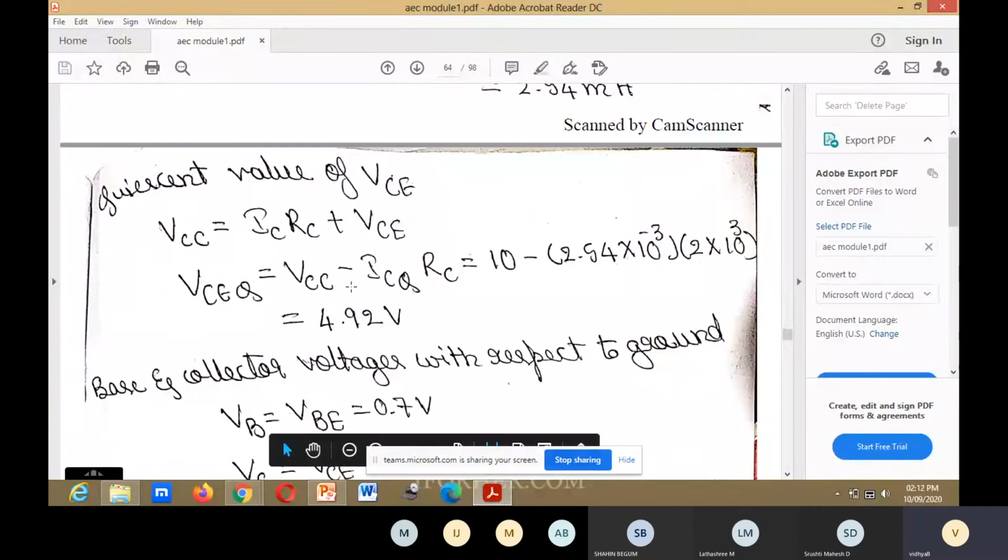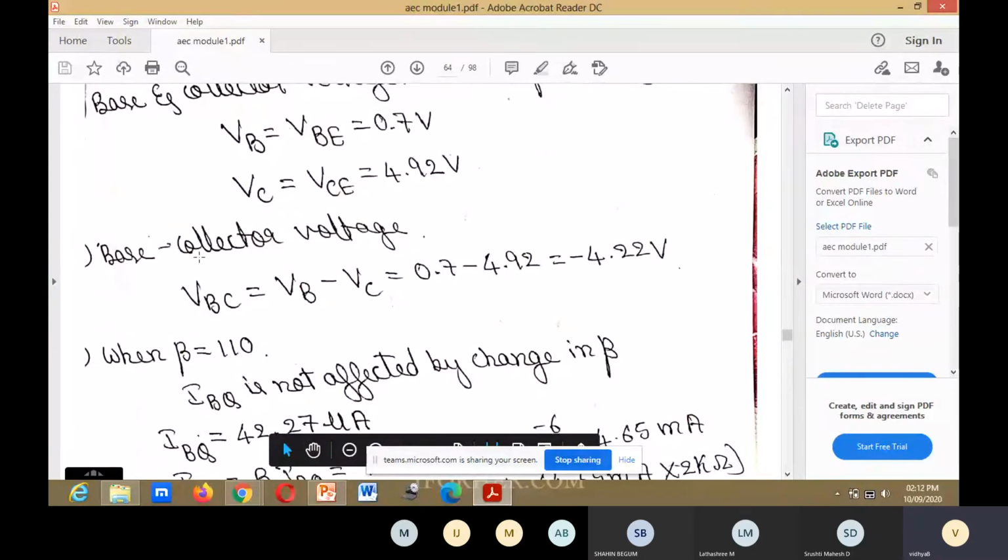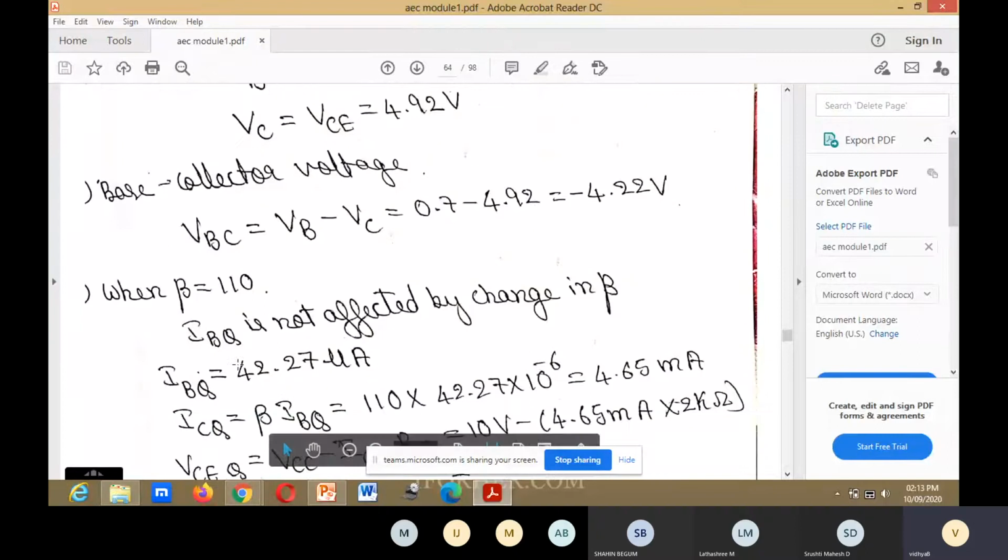Substitute the values of VCC, ICQ and RC. After substituting, you will get VCEQ equal to 4.92 volt. Next, we need to find out the base voltage. VB is equal to VBE, which is 0.7. VC is equal to VCE, which is 4.92 volt. Next, they have asked for the base collector voltage. VBC is equal to VB minus VC, which is 0.7 minus 4.92, equal to minus 4.22 volt.